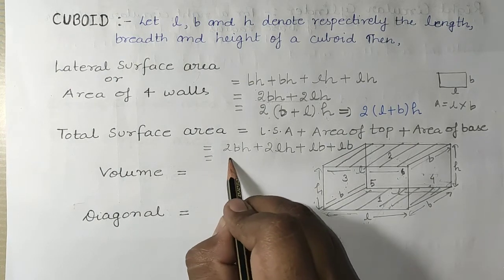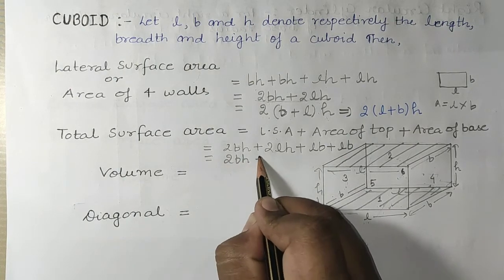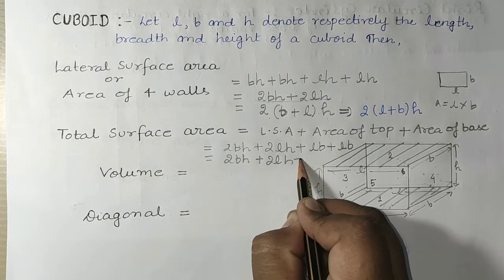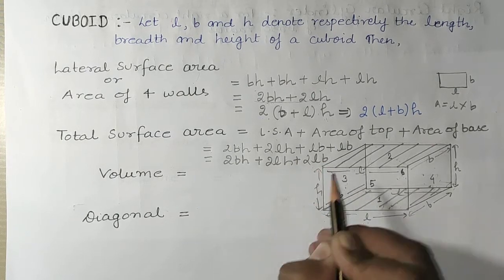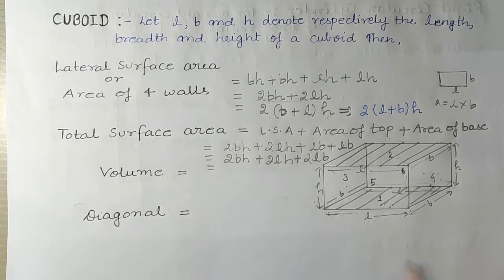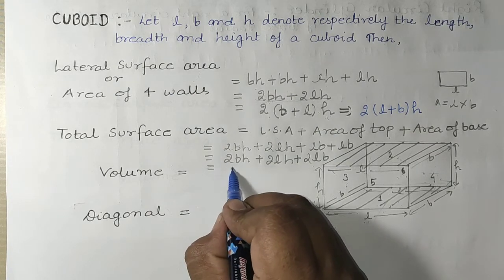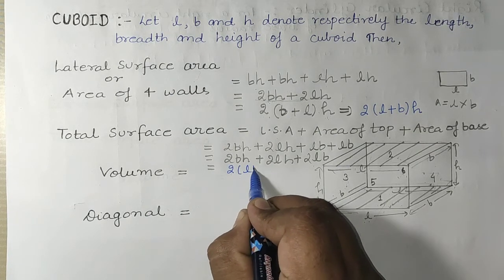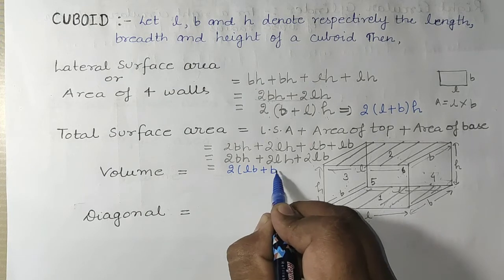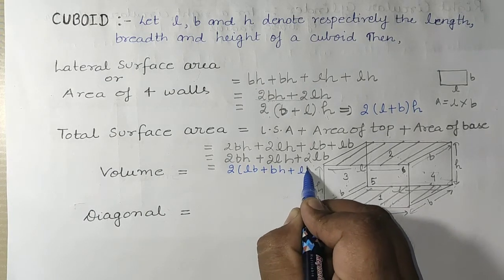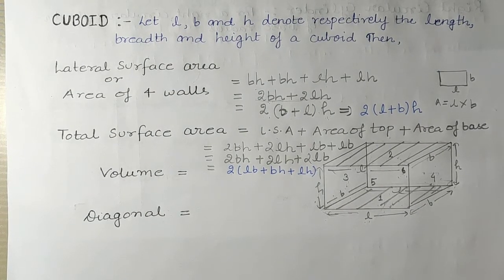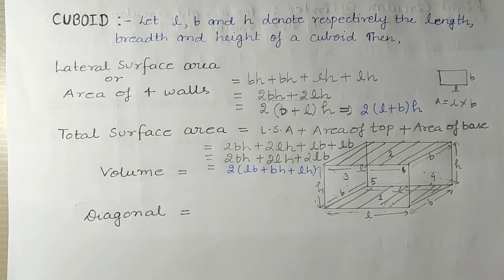Now see, it is 2BH plus 2LH plus 2LB. So if we take 2 as common and write it in the proper form, we will get 2 into LB plus BH plus LH. So in this manner we can find the total surface area also.